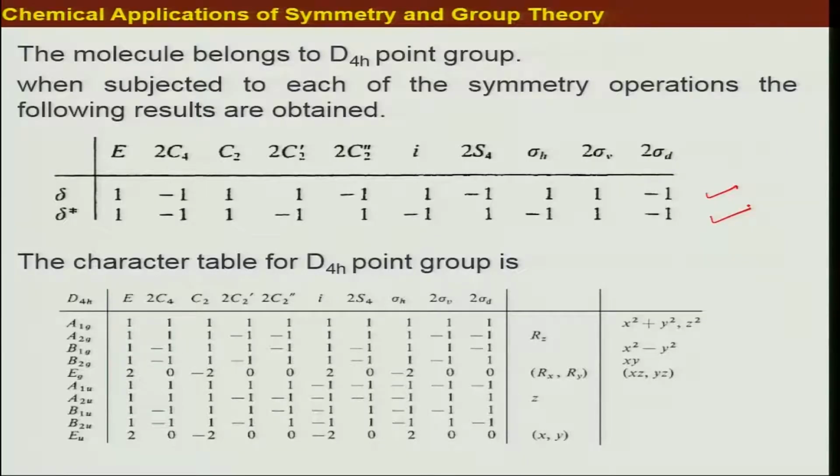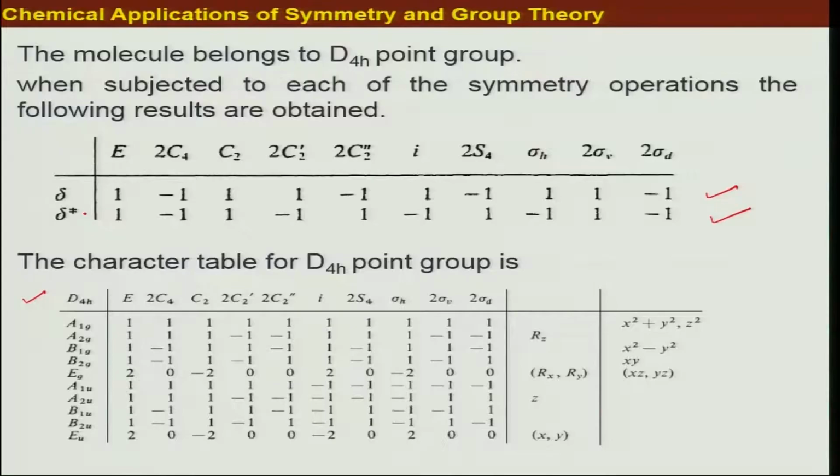All right. Now, we have to consult the character table of the D4h point group. Any standard book will give you the character table of all the point groups, and here we are giving you the character table of D4h. If you compare this representation with the character table as a whole, you can find out which irreducible representation delta belongs to and to which representation the delta star orbital belongs.